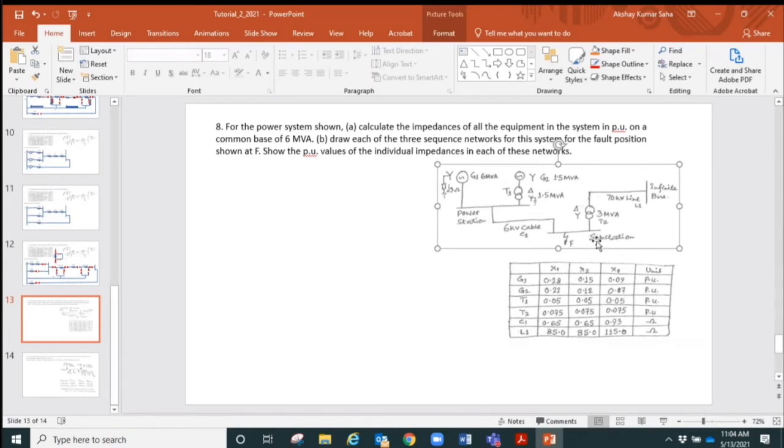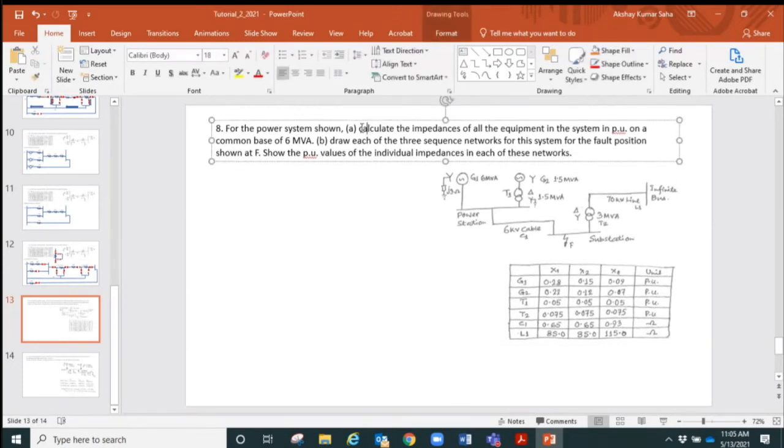To the substation, what is coming there is the infinite bus, which is also called grid. There is a 70 kilovolt line labeled as L1 coming to another transformer connected in delta and star. Star is not grounded. Its MVA rating is 3 and labeled as T2, coming to the substation bus bar where there is a fault point shown.